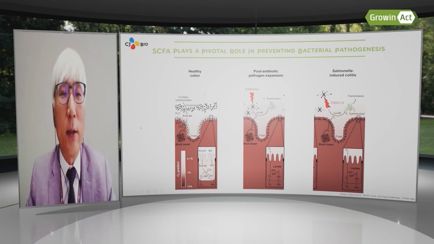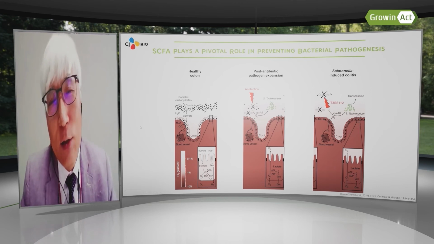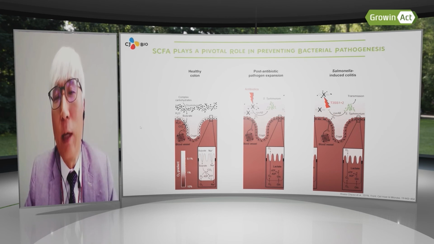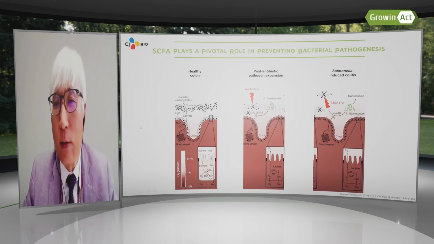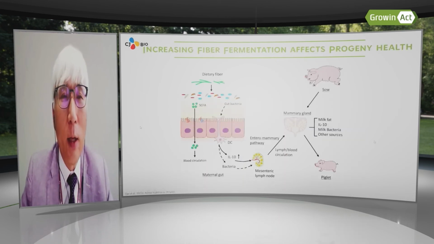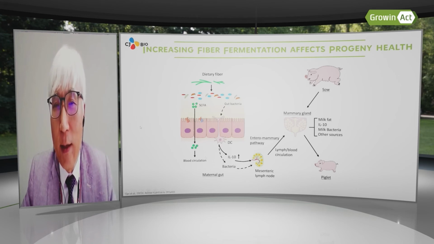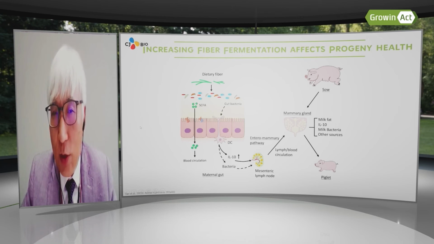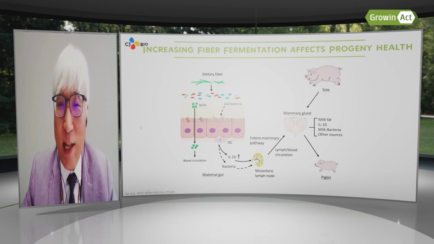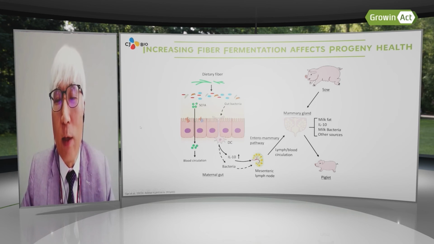So short chain fatty acid is not just an energy source; it plays a pivotal role in preventing bacterial pathogenesis in monogastric animals. And in sound nutrition, if you have good dietary fiber and good dietary fiber fermentation producing short chain fatty acid, this dietary fiber is actually changing microbial composition, and this microbial composition interacts with the immune system of the gut.